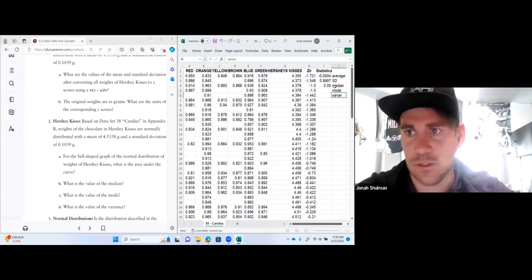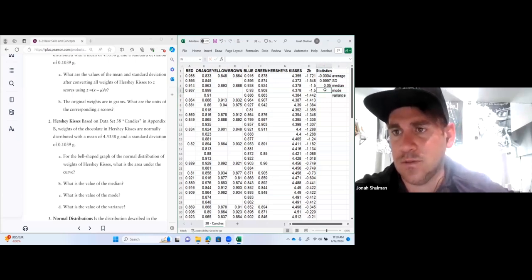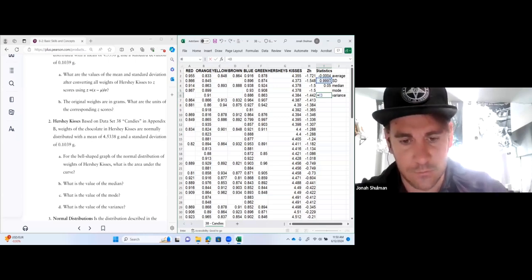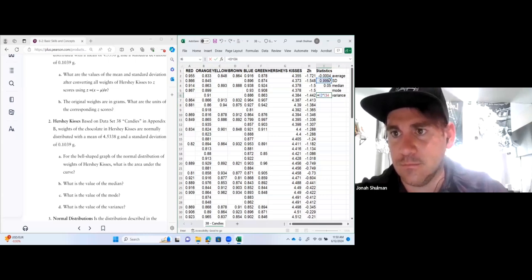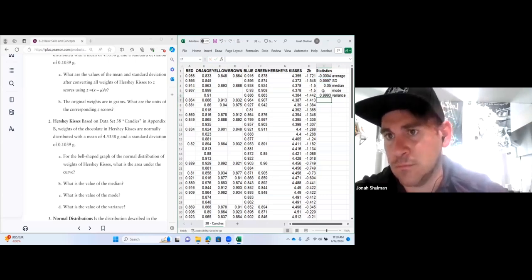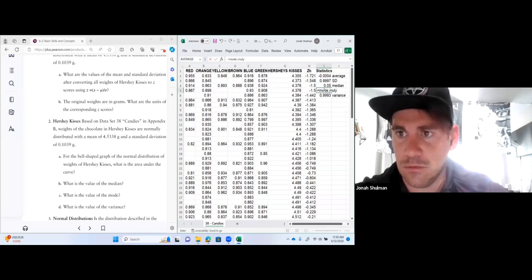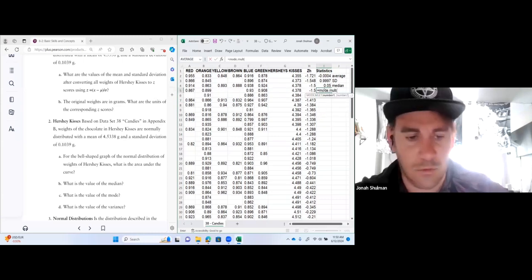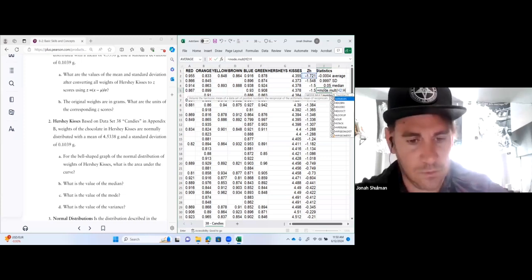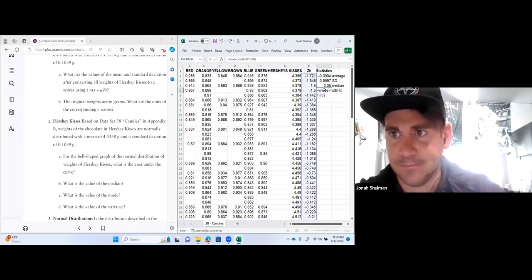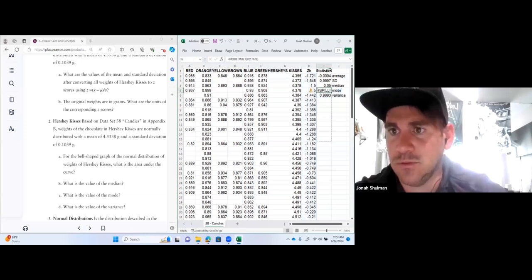Let's get the variance here. The variance is just going to be this squared, so we already have it, times itself. Still 1. And the mode, from H2 to H76, it's that many. Okay, there's a lot of modes.